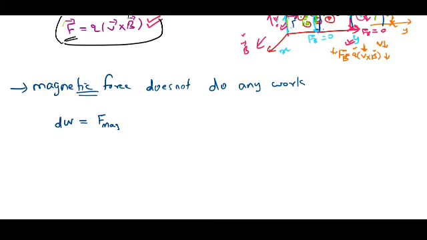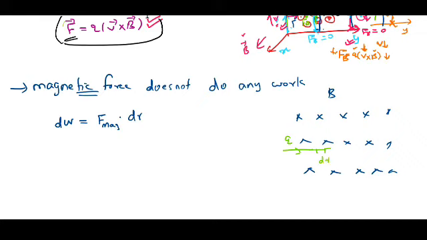Therefore, we can write F magnetic dot displacement dr. A magnetic field exists in a certain region, and our charged particle Q enters it, then it travels a distance dr. If Q moves a distance dr, then the velocity of that charged particle is dr by dt, or we can write the distance moved by the charged particle in a short time dt as dr equal to v dt.